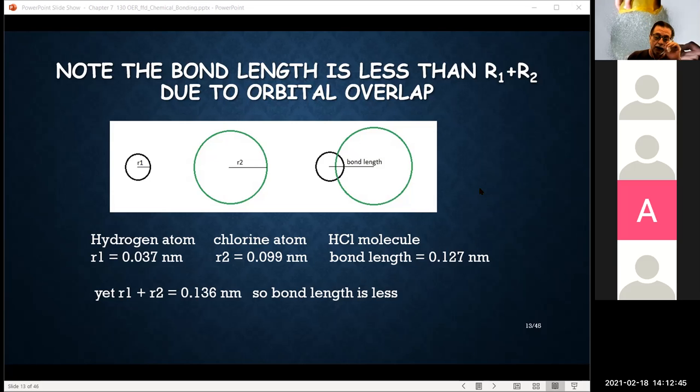So it was thought, for example, if we look at the hydrogen atom and the chlorine atom, when they got together to form the hydrogen chloride molecule, HCl, that the bond length of the two would be the sum of the two, but that's not the case. It turns out that the bond length between the chlorine and hydrogen is much less than the combined.